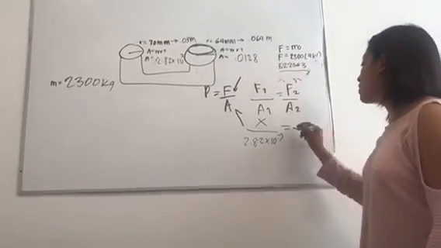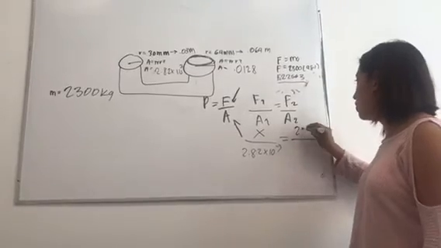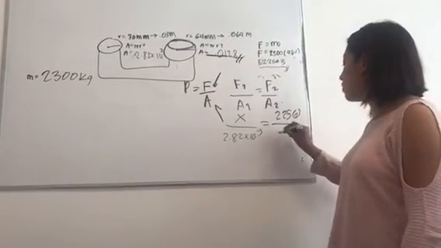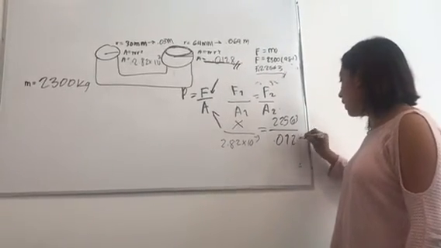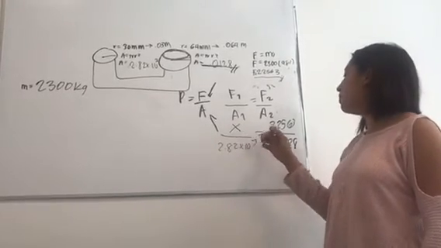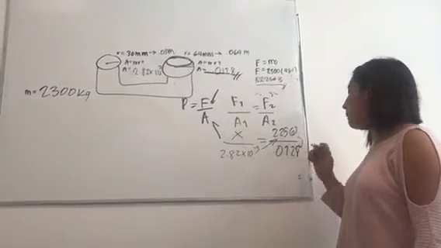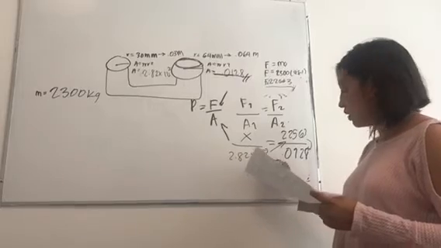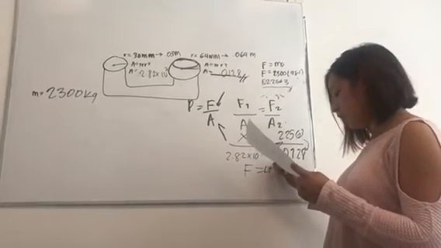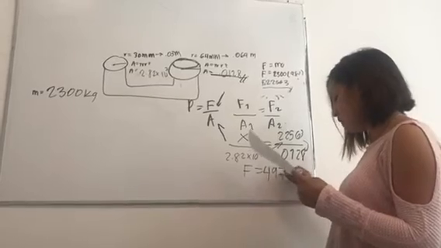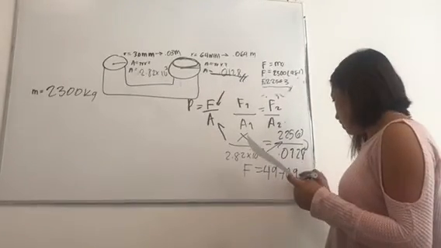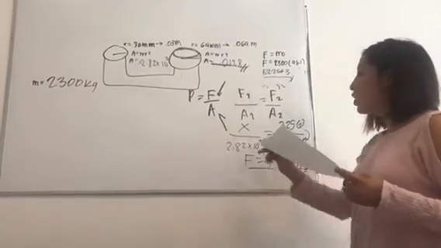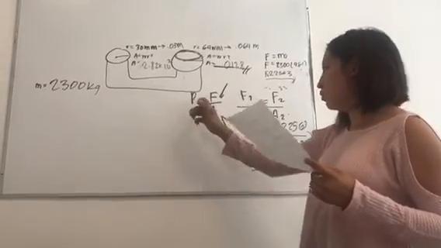Once we have this force, we're going to substitute force 2 in the formula, and then area 2, that is the output piston, that is 0.0128, and then we're going to multiply this by this and divide it by 0.0128, and the force is going to be 4,970.9109 newtons.